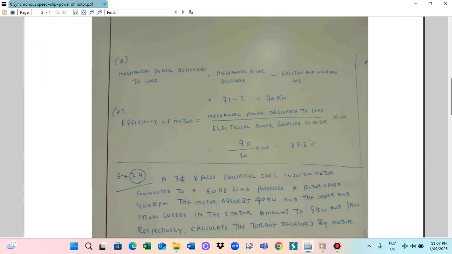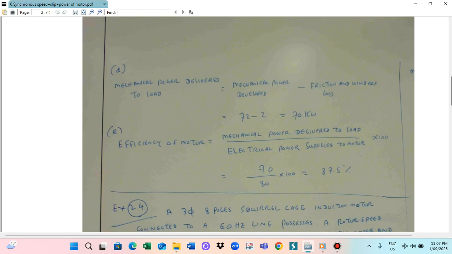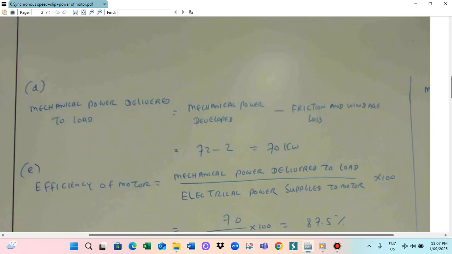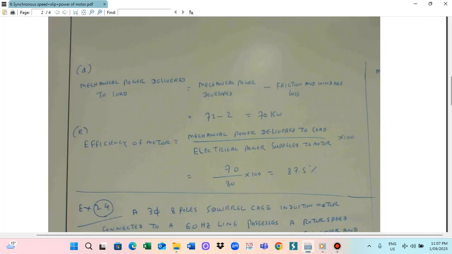And D, we also need to calculate the mechanical power delivered to the load. In this case, the windage and friction loss given is 2 kilowatts. From the mechanical power developed, you have to subtract the windage and friction loss, and you get the power delivered to the load.